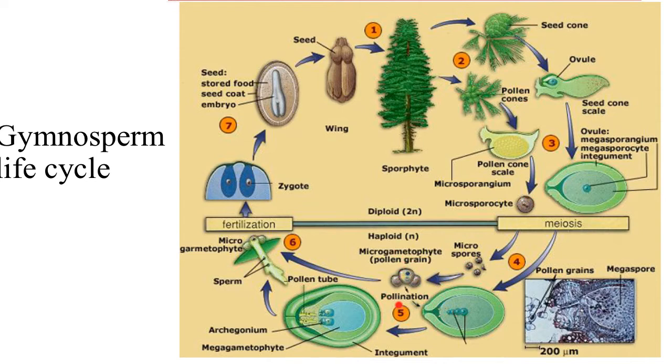And so the pollen is going to enter the megaspore, fertilize the eggs, and then we are going to end up with a zygote, which produces a seed, which can result in a full-grown plant. And so the pollen and the egg are haploid, or half the number of chromosomes, and result in a fertilized zygote, which is now diploid.